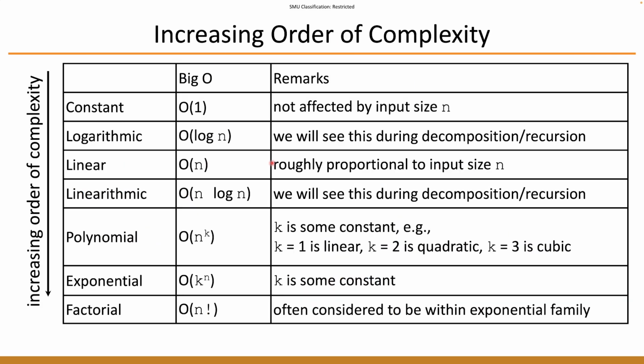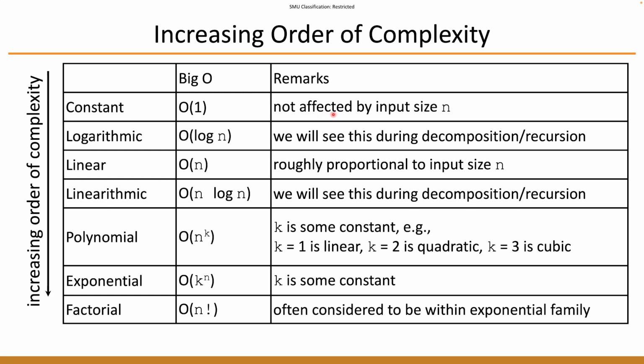So this particular table over here, we summarize some of the most commonly seen complexity classes. We start from the case where the growth rate basically stays the same, right? Your number of operations will stay the same regardless of your input size. So there's no growth actually.